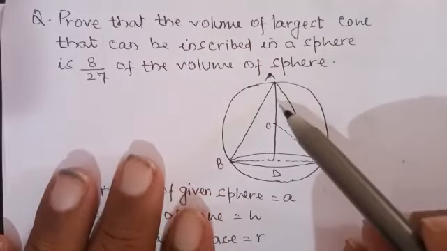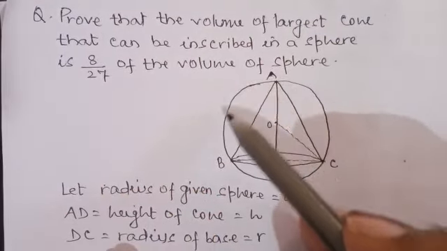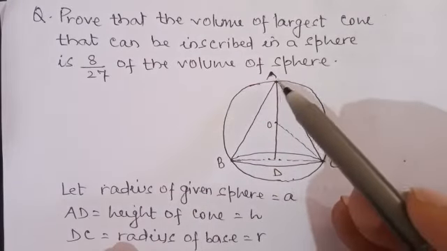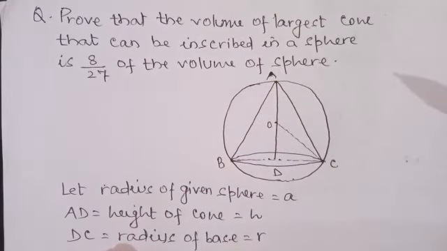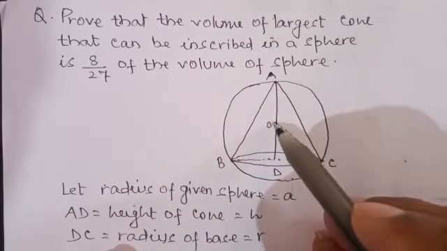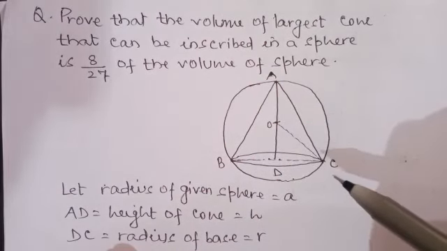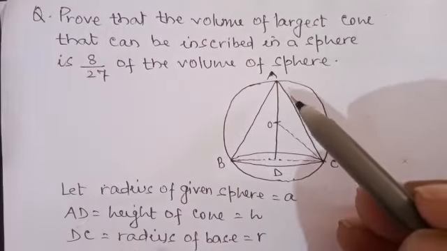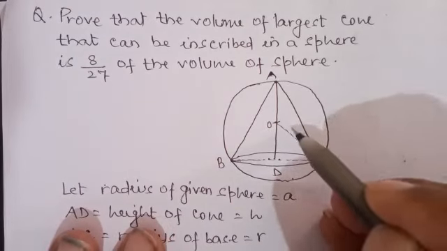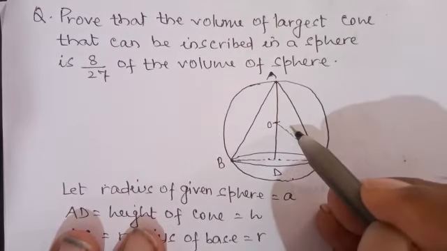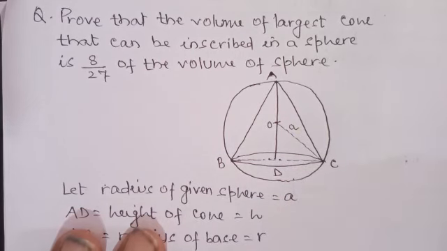So first see the figure. Suppose this is a sphere and a cone is inscribed in it. O is considered as the center of the sphere. Suppose this is OC, the radius, and A is the radius of the sphere.